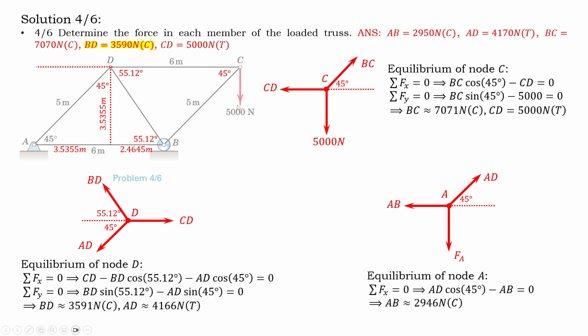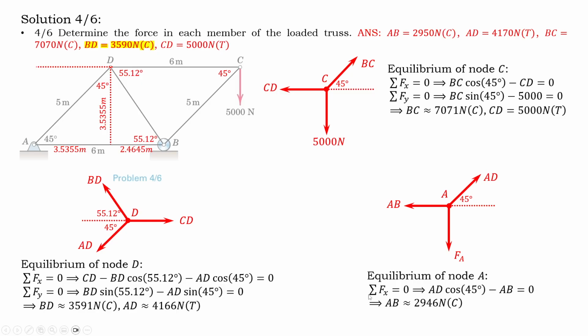Because we have 5,000 here, and this is also vertical. If you solve this for the whole body, you can find out that Ax is equal to 0. It's better to change FA to Ay. That's okay, we will solve it because it is from another tutor.